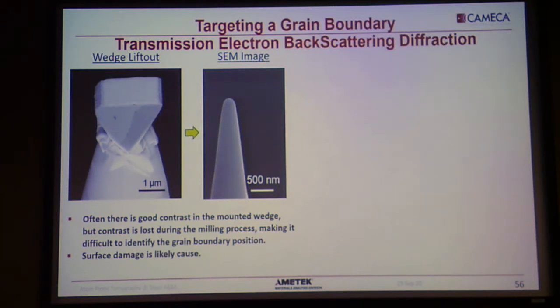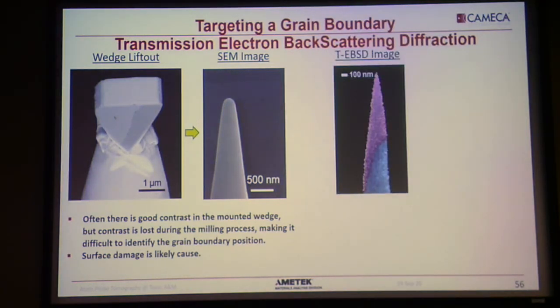If you have to shoot in the dark, then you are wasting time, wasting money, and this is not what you want. So you can actually do the EBSD as you are milling your material, and ensure that at any point of your milling, your tip does contain the grains and then your grain boundary.